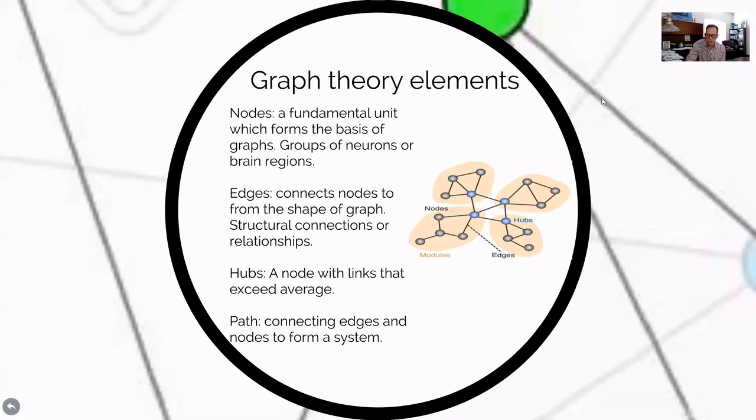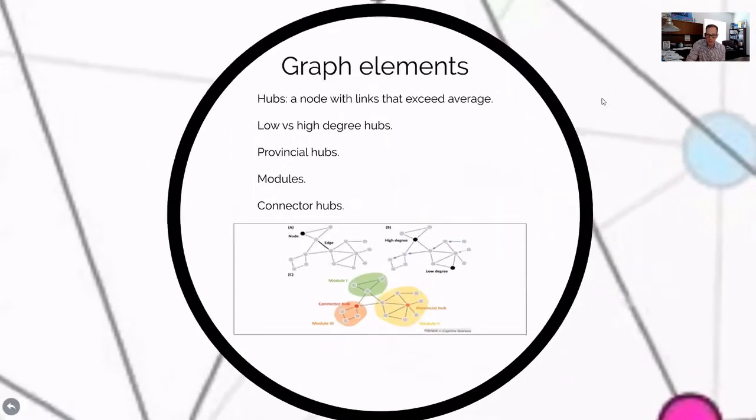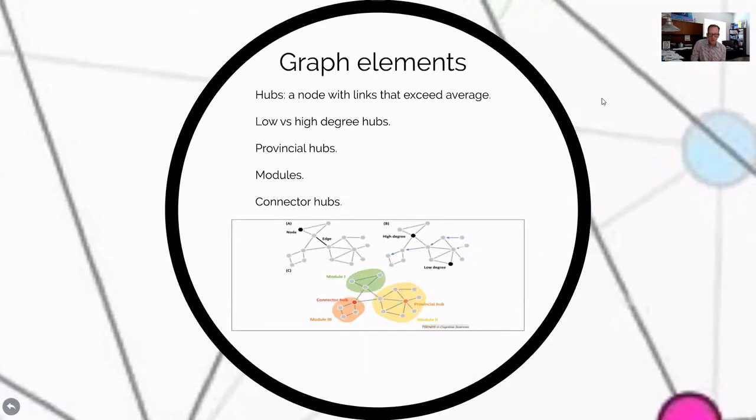When we use graph theory to measure connectivity, we can measure those paths and their efficiencies, or the connectivity across any known system. In graph theory, we have elements such as hubs, which are nodes with links that exceed average, so they're happening frequently. We have low versus high degree hubs.